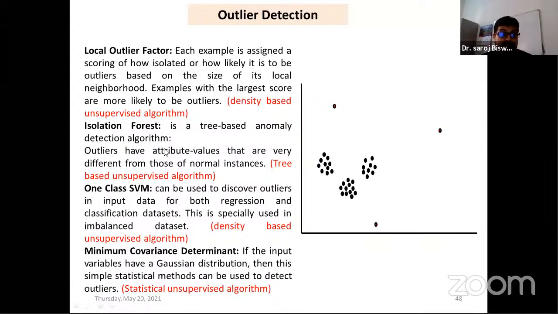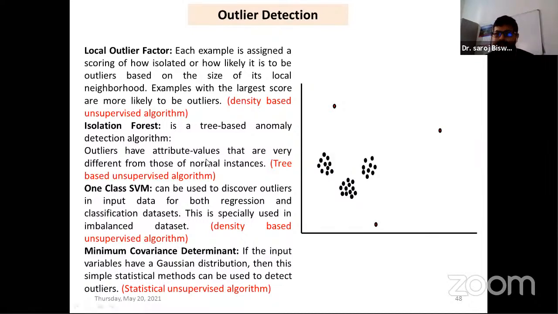And then we have isolation forest. Using isolation forest, we can also find the outliers. This isolation forest is also an unsupervised algorithm. So this local outlier factor is also an unsupervised, density based outlier detection technique. Similarly, isolation forest is an unsupervised outlier detection technique, and it is a tree-based technique.